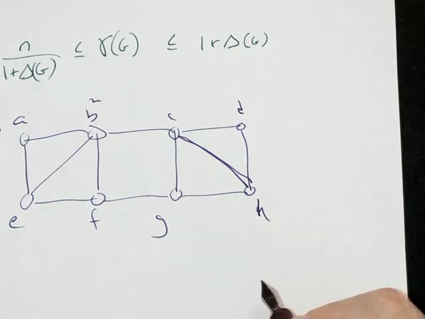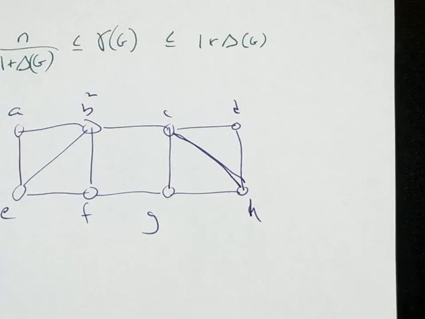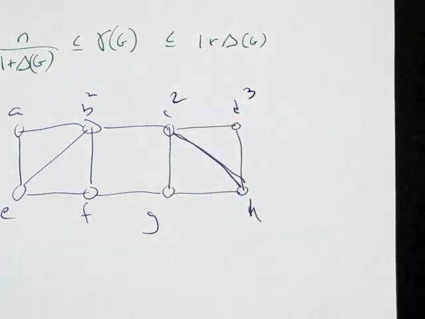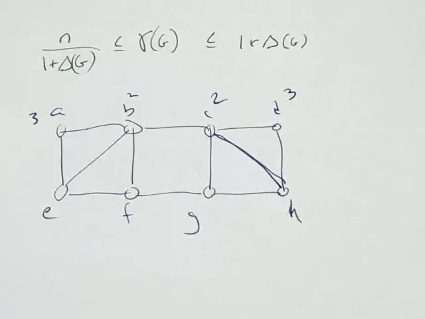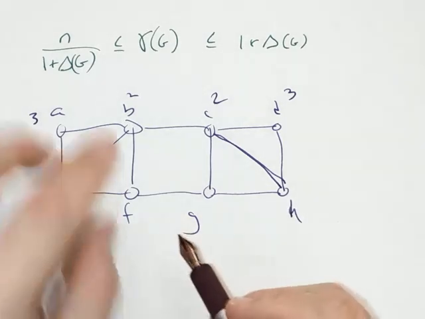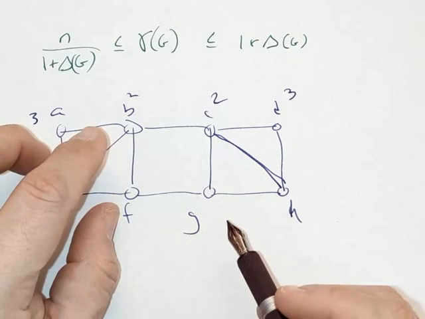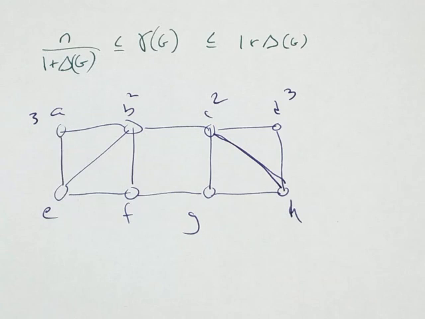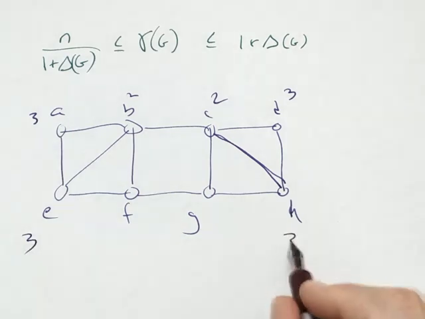Well, by symmetry, the eccentricity of D and C is also 3 and 2 respectively, because it's the same picture in both directions. How about E? What's the eccentricity of E? Well, then I'm going to say that H is also 3.